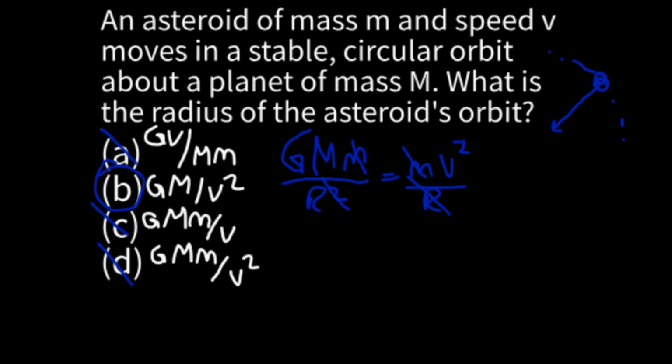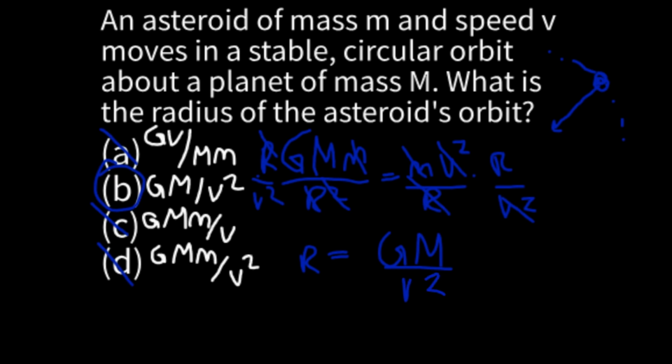However, we can double check by multiplying both sides by r and dividing by v squared. And that will leave us with r equals G times the mass of the planet divided by the velocity of the asteroid squared. So B is the correct answer for this problem.